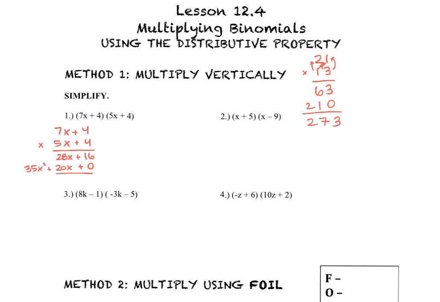Okay, this is also using some of the skills that we used yesterday when we talked about multiplying powers. And now I can just add these two, and thankfully the like terms are already lined up for me. So I have 35x squared, and then I have 28x and 20x, so that's 48x, and then plus 16. And that's your final answer.